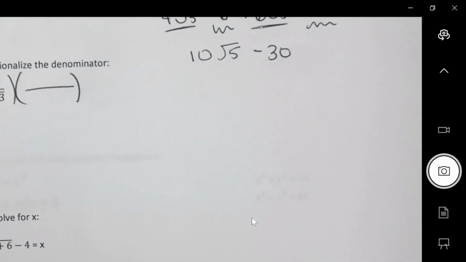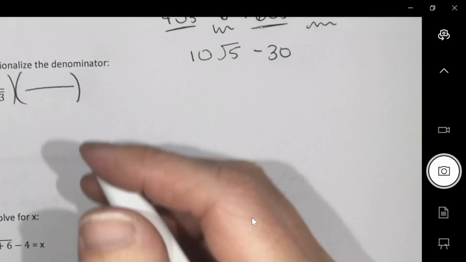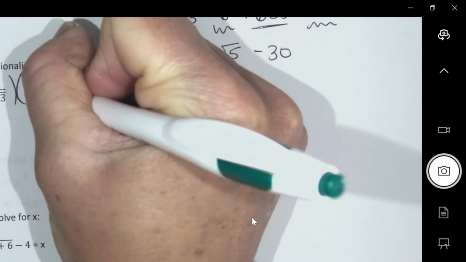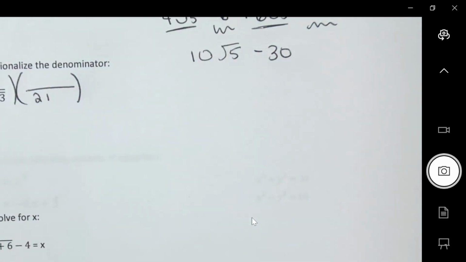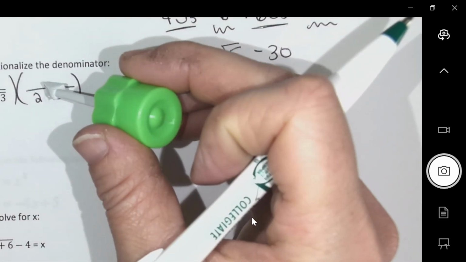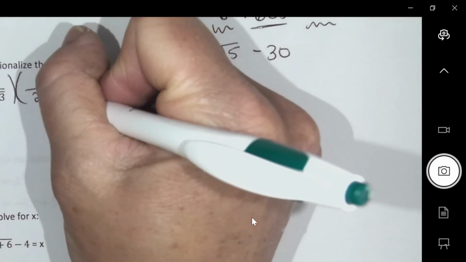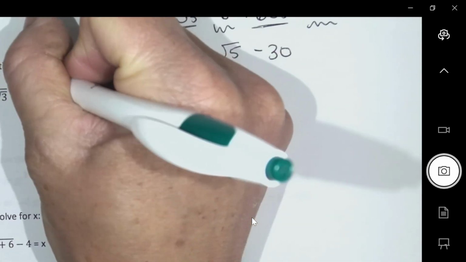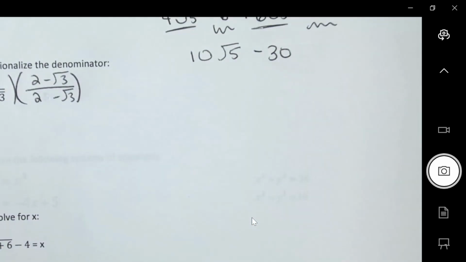So it's to write the same thing with the different sign. So writing the same thing with a different sign.